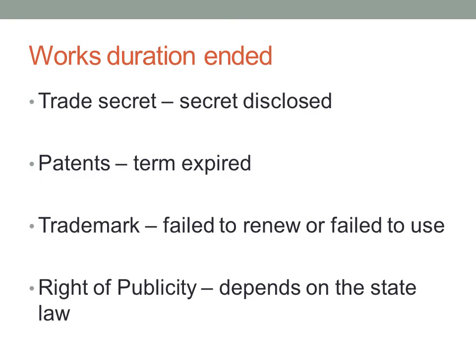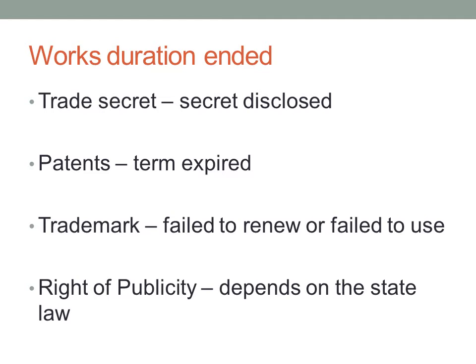So the other category where we find public domain works: we already talked about works that automatically enter because they're not protected by any IP. We just talked about those that are assigned to the public domain by the creators. And then we have those that enter the public domain because of the expiration of the work's duration.